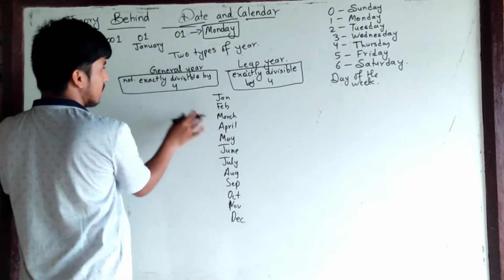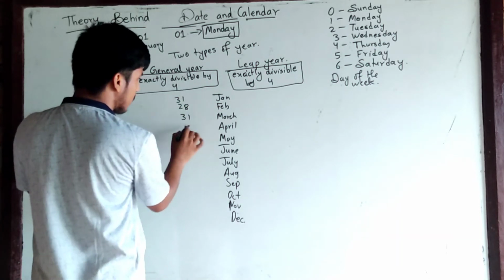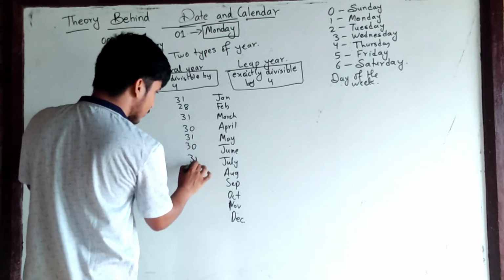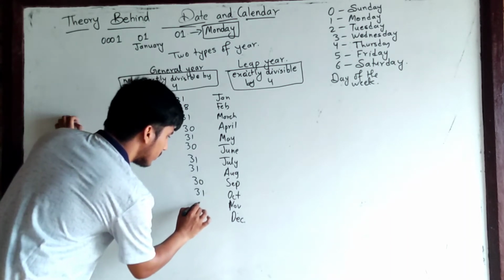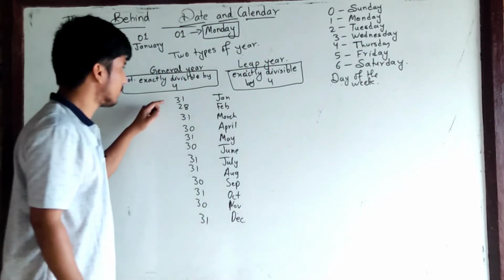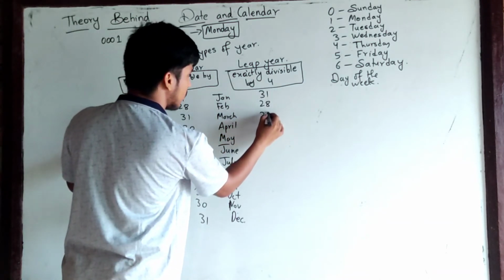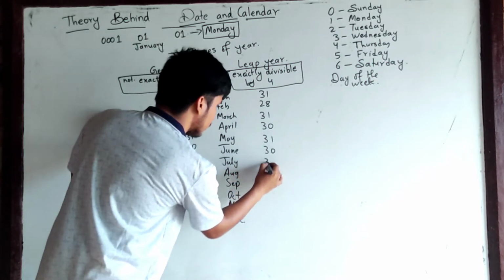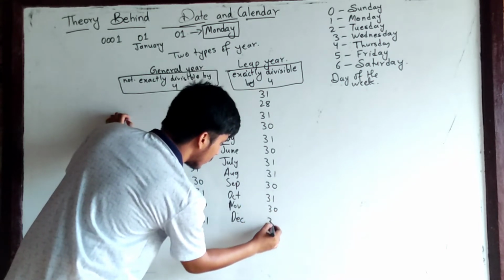Now in a general year we have 31, 28, 31, 30, 31, 30, 31, 31, 30, 31, 30, 31, right? Then in a leap year we have 31, 28, 31, 30, 31, 30, 31, 31, 30, 31, 30, 31.